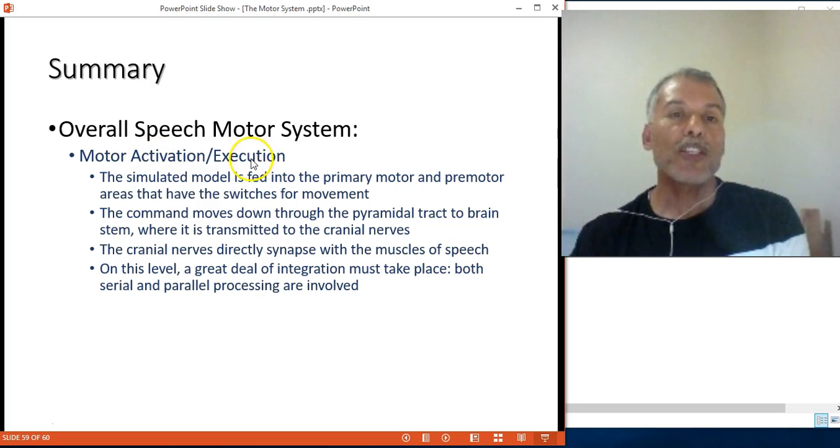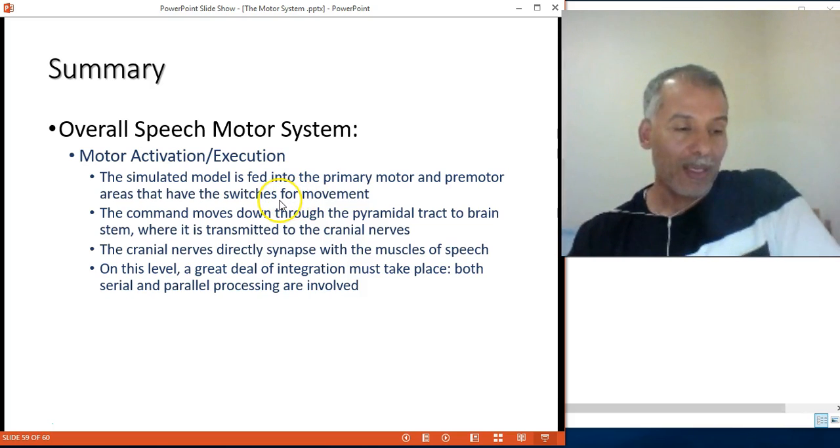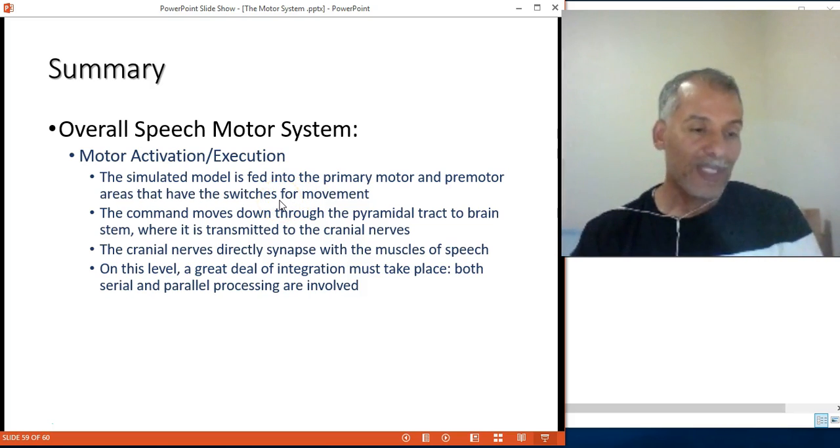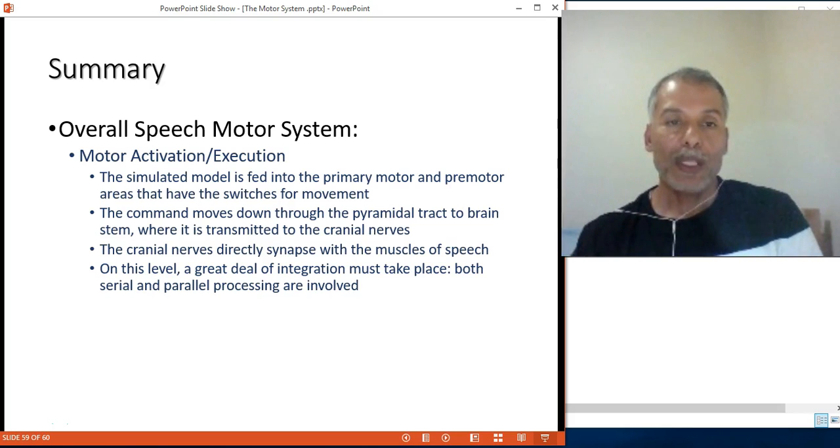So the motor activation or execution part: the simulated model, or the forward simulated model, is fed into the primary motor cortex and the premotor area that have switches, or I kind of make it look like something that we know.